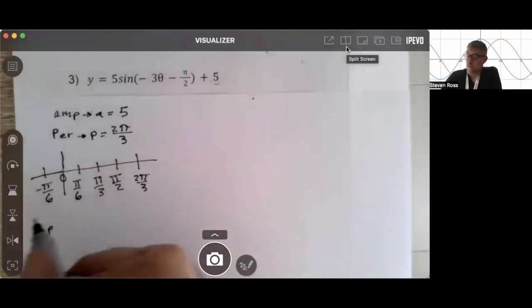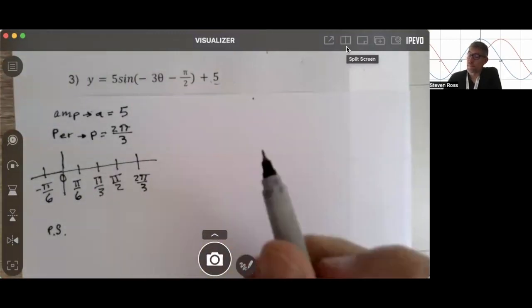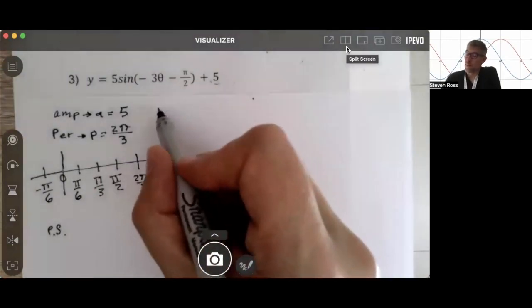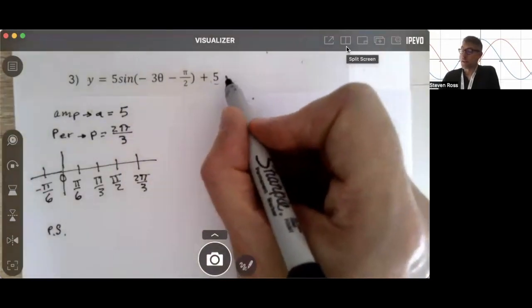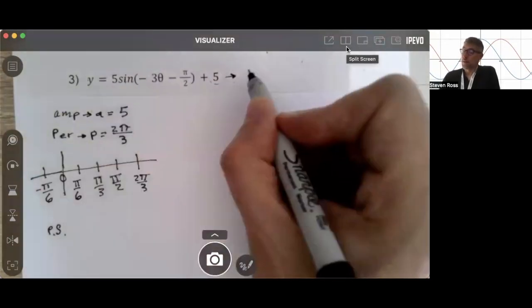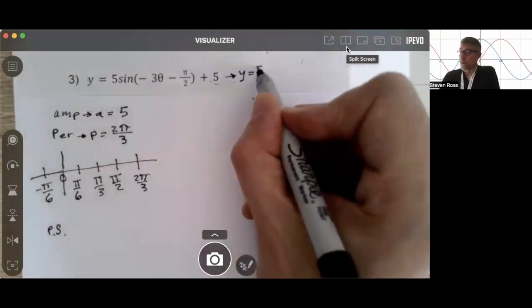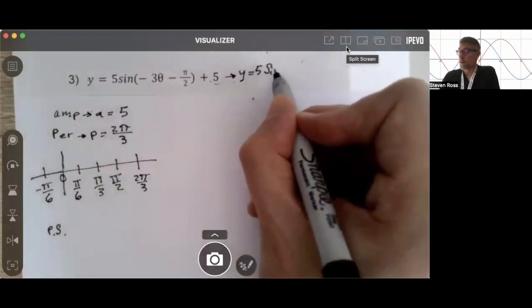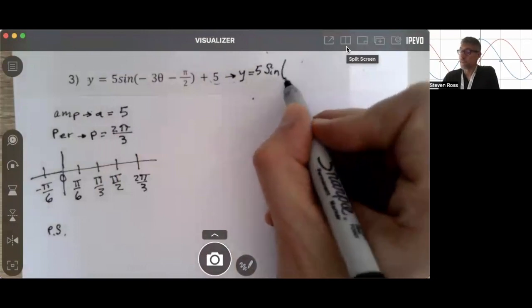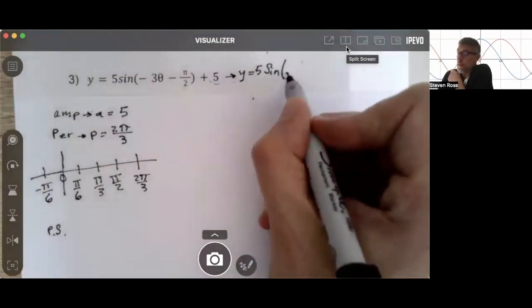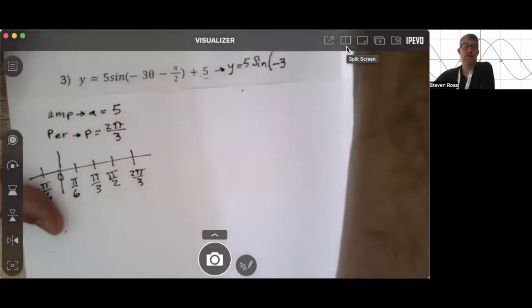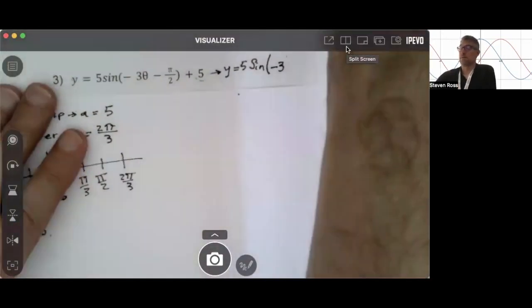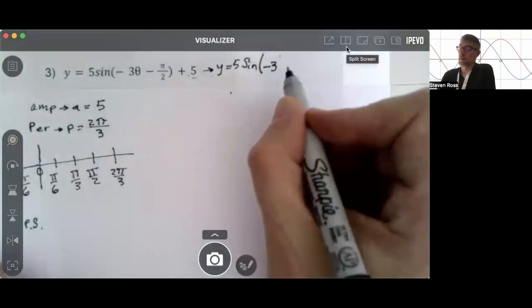Now, what about a phase shift? Well, in order to find the phase shift, I think I'm going to have to do a little bit more work. Okay, so up here, I have the equation y is equal to 5, and this is a sine, so that tells me its starting point. But I'm going to do a little factoring technique just to change the format.